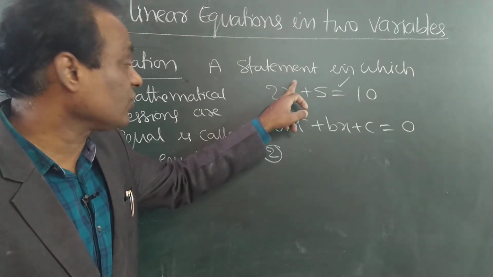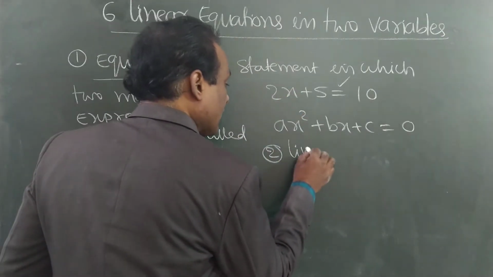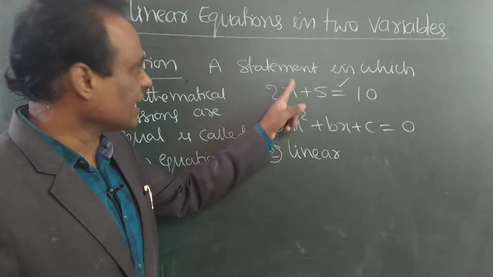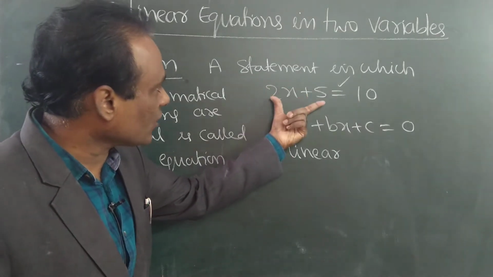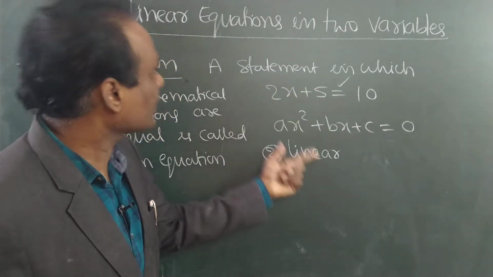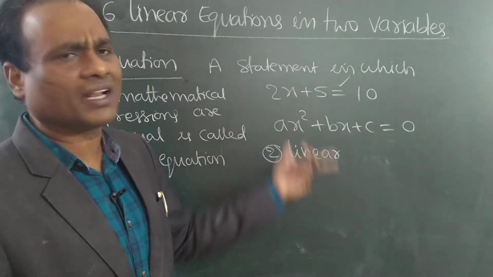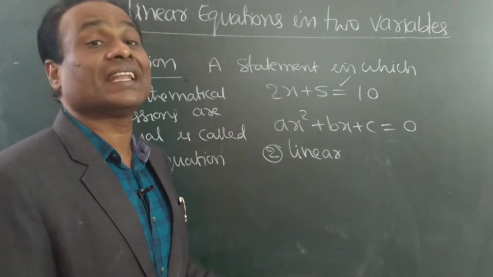So when the degree is 1, it is called linear. Linear means degree 1. If the degree of the equation is 1, that is called a linear equation. A normal equation, you know, is anything with an equal symbol.